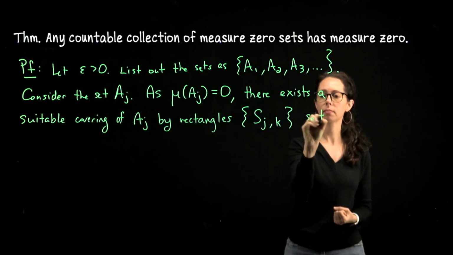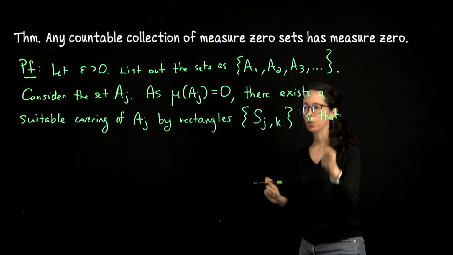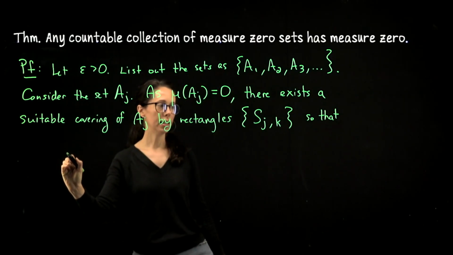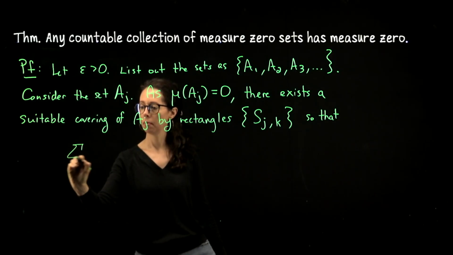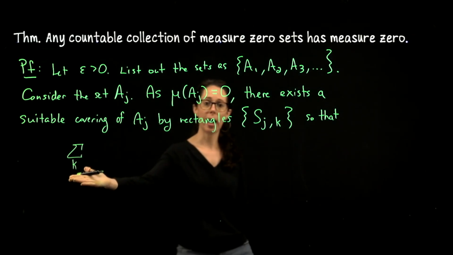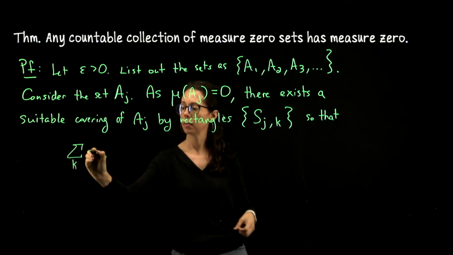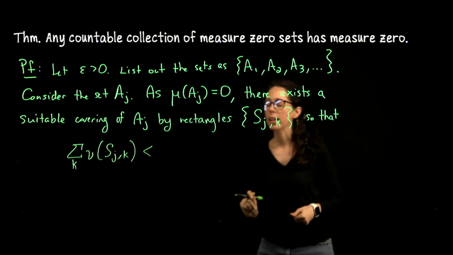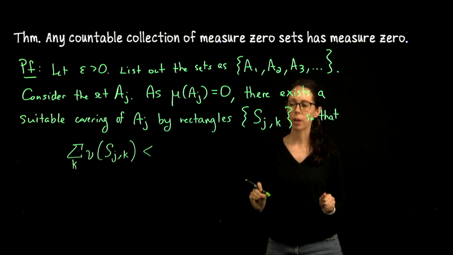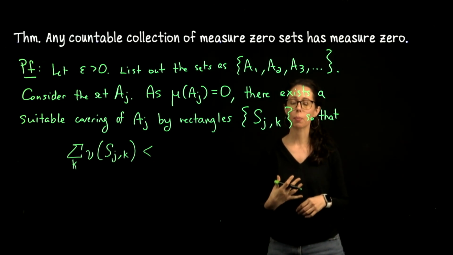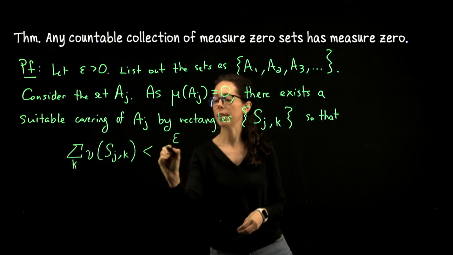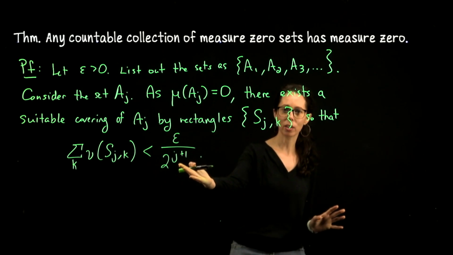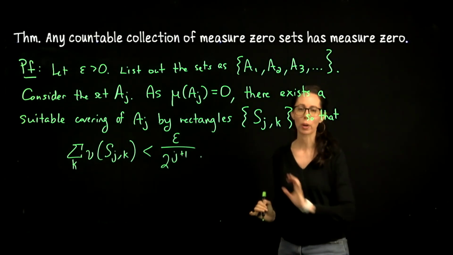So that the sum over the index k, so going across the family of rectangles, of their volumes is less than, just like with the rational numbers, we're actually building up something that's going to turn into a geometric series. So I believe what we want to have here is epsilon divided by 2 to the j plus 1. We can always adjust this a little bit at the end to make it work out perfectly, but I think that this should work for us.